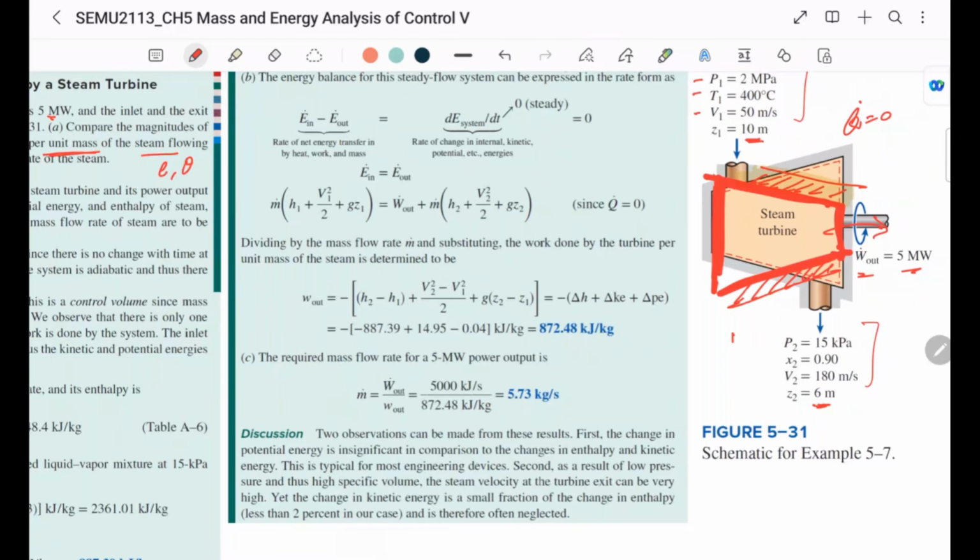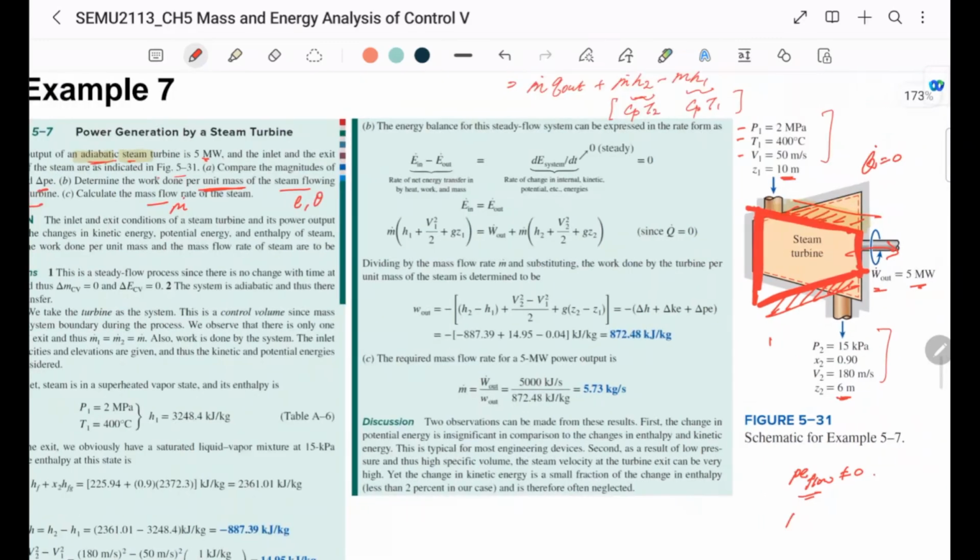Therefore the potential energy for the flow here is not 0. Whenever there's a change in elevation in the flow, you cannot assume this as 0. The potential energy for the system is still 0 because this turbine doesn't move to a higher or lower altitude, but the flow does.